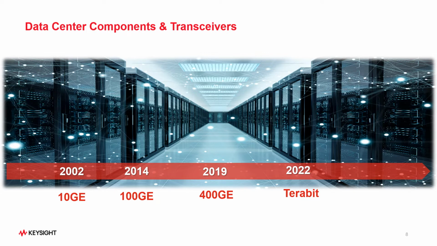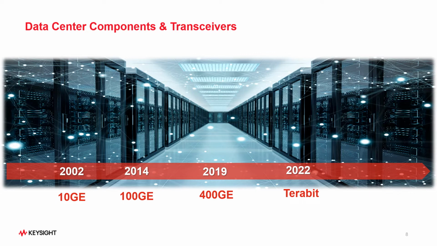For example, when 100 gig began deployment in the data center in 2014, the full manufacturing build out only became cost effective in the last couple of years with the introduction of more efficient transceiver modules.